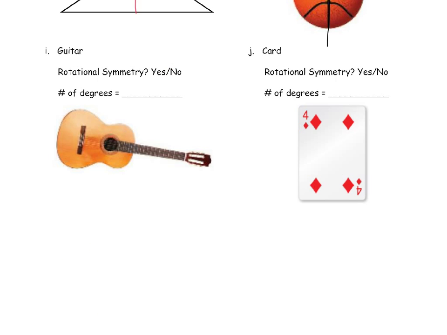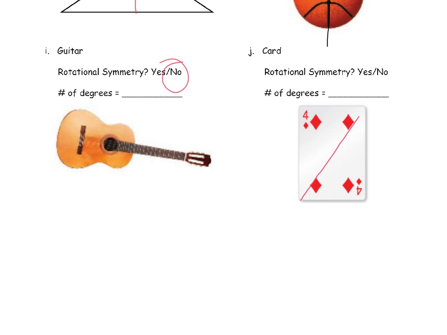Looking at the next one, a guitar, and guitar rotational symmetry. That's a definite no on the rotational symmetry. But let's look at a card. Can a card possibly have a line of symmetry?